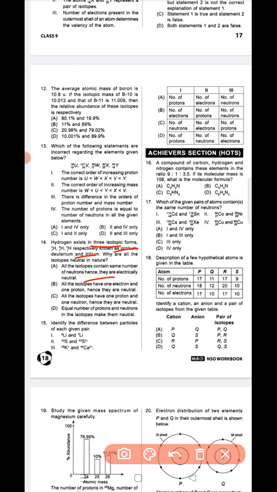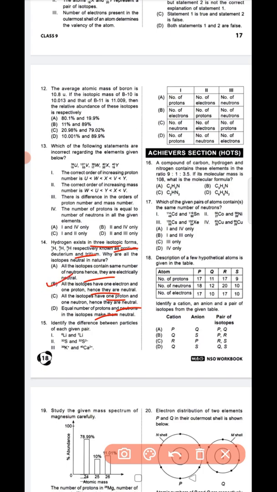All the isotopes have one electron and one proton, so they are neutral. Equal number of protons and neutrons in the isotopes make them neutral. So question number 14, option B is the correct answer.